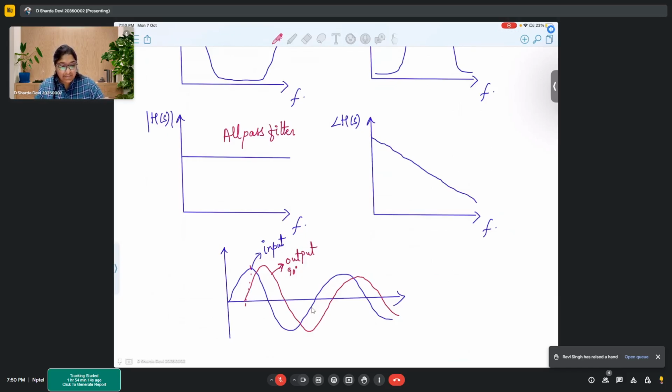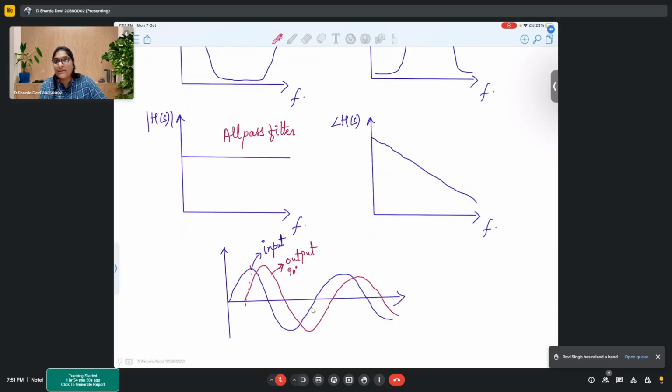So this phase profile that you observe, here in the all pass filter, you also have a pole and zero. So it's a pole zero system. But the pole and zero values coincide with each other. So that is the reason that you don't see any change in the frequency profile. But those pole and zero values can be changed. It depends on the components that you use, like the resistances and capacitances.